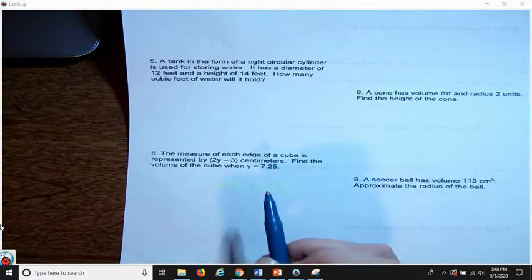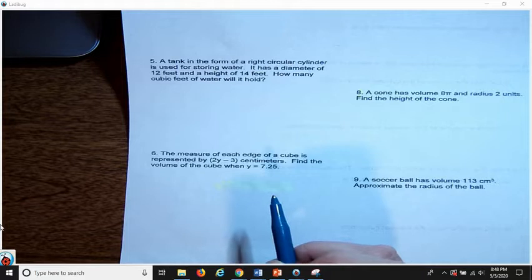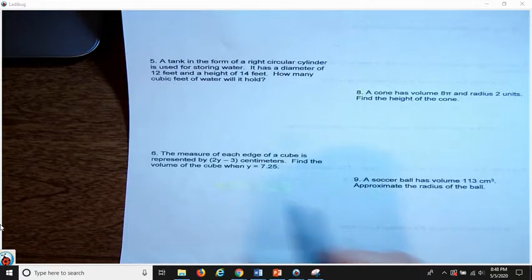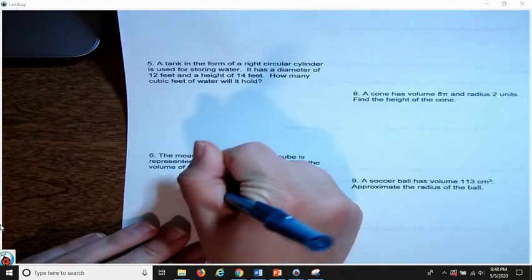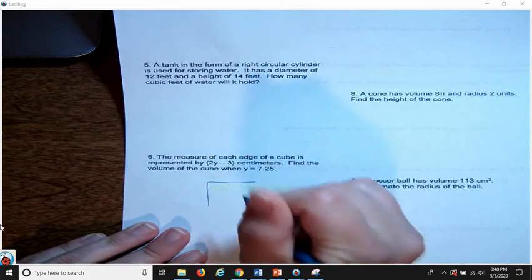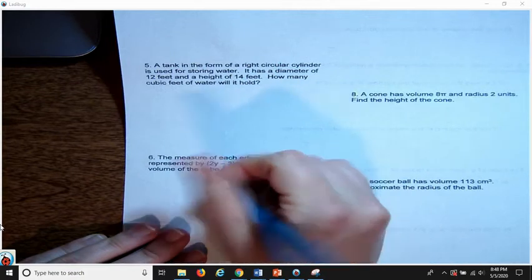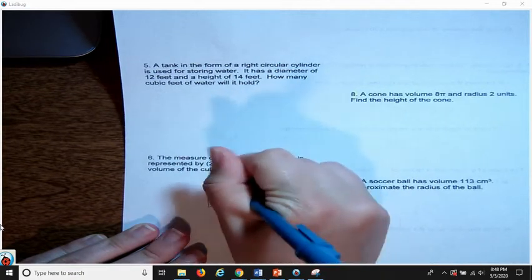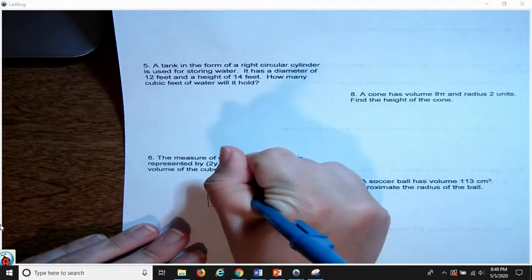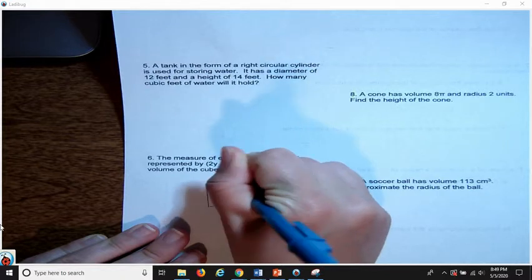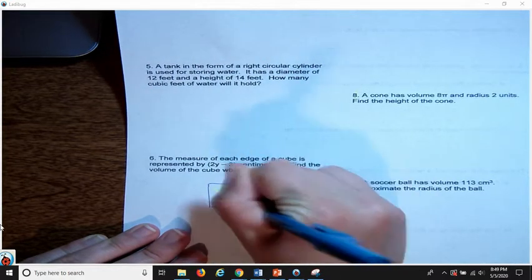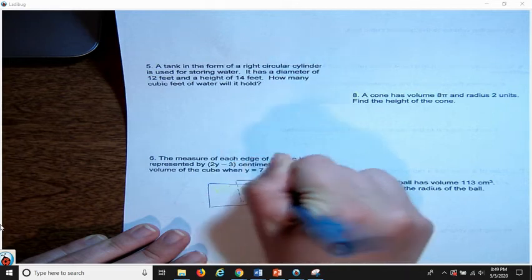Okay, so now we have number 6. The measure of each edge of a cube is represented by 2y minus 3 centimeters. Okay, so I'm going to draw out a cube. Okay, and we would have maybe something like this.